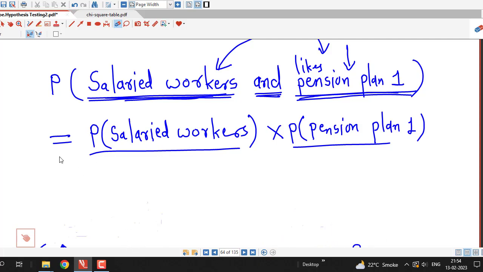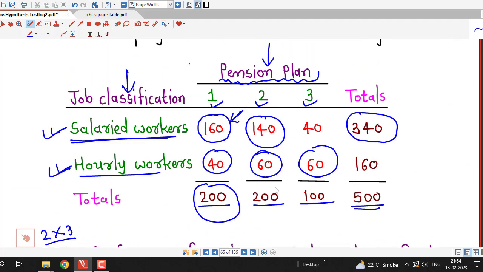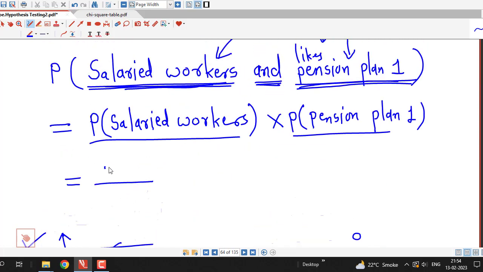So that is equal to, we have to find out the number of workers who are salaried workers, and that we can find from this. There are a total of 500 workers, out of them 340 are salaried workers. So here we write this probability equal to 340 divided by 500.